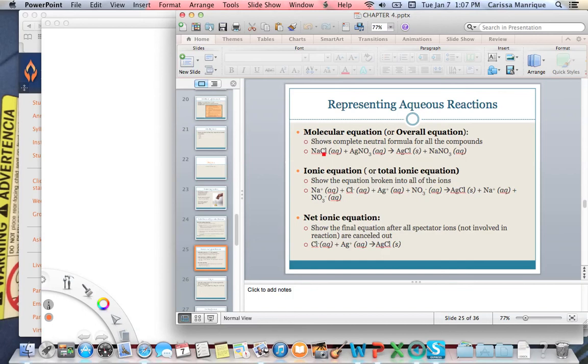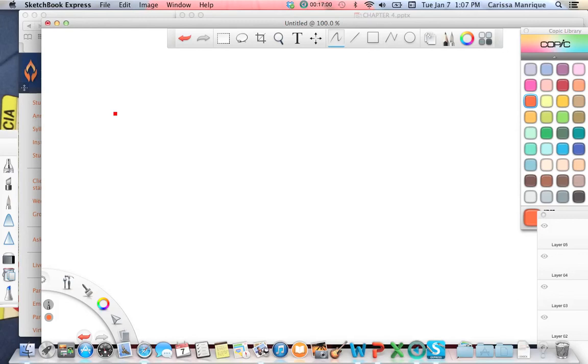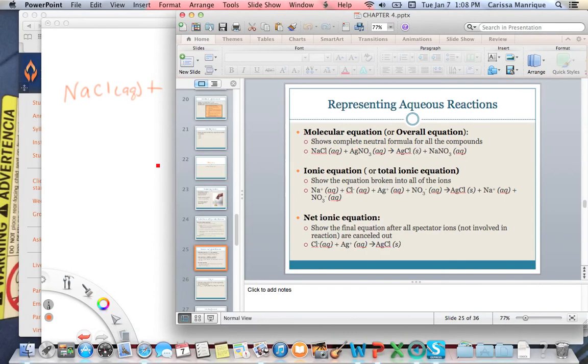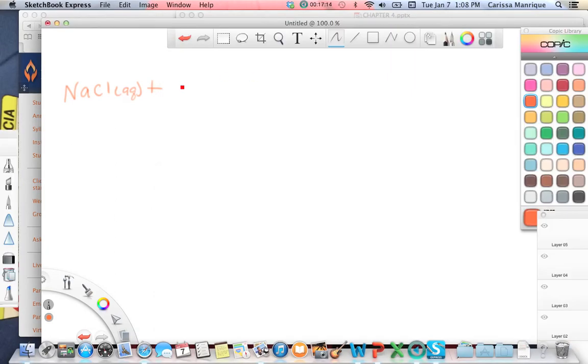Here it is. So it is sodium chloride, this one is aqueous, plus AgNO3, and this one is aqueous.